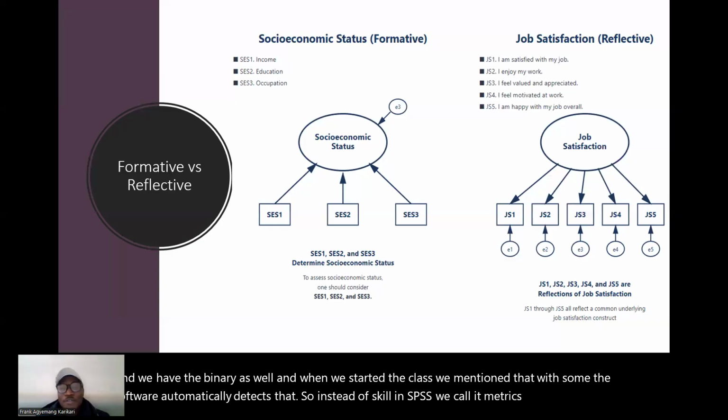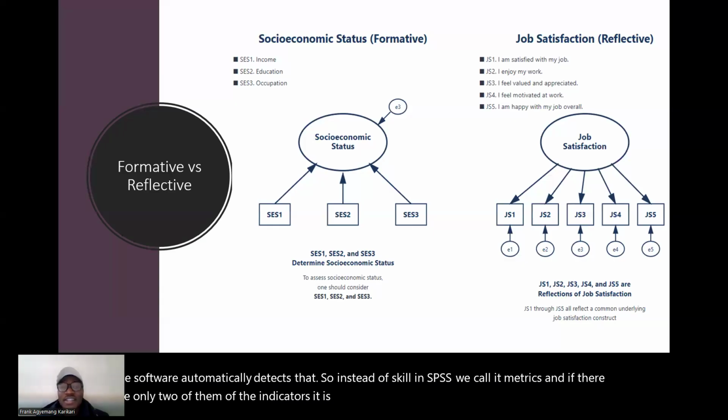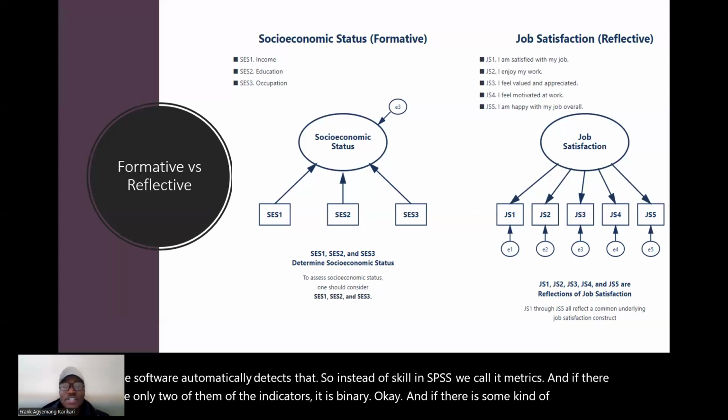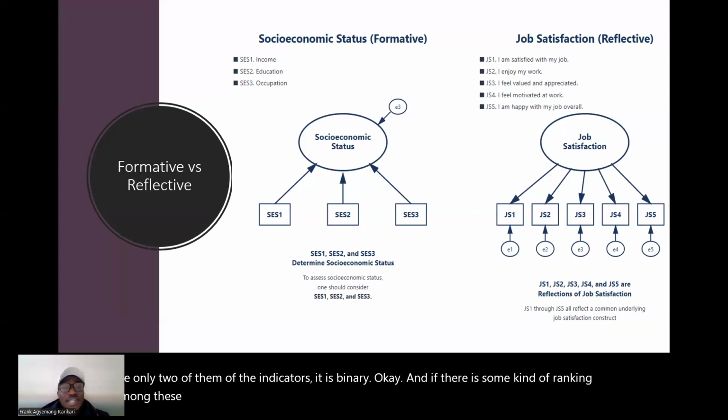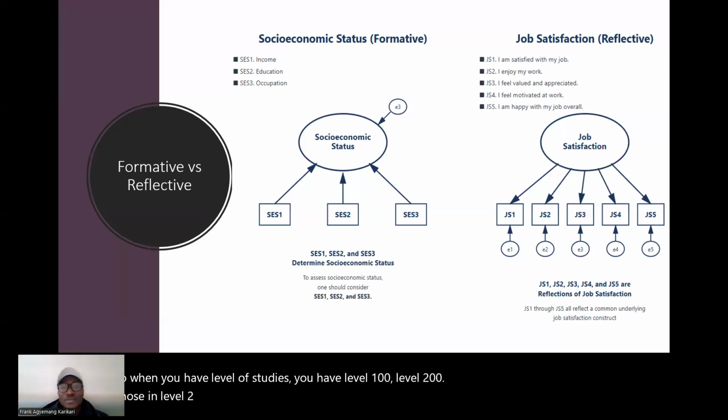If there are only two of the indicators, it is binary. And if there is some kind of ranking among these variables, we call it ordinal because there is a particular order. When you have level of studies, we have level 100, level 200. Those in level 200 are above those in level 100. So there's some kind of order in there.